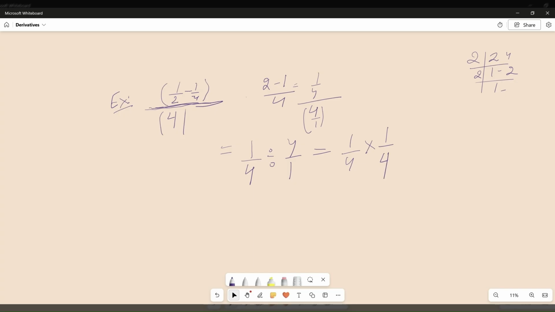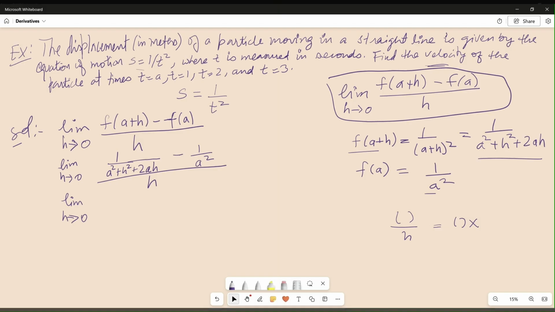And this is exactly what we are doing in this problem as well. h over 1, the reverse of this, right?